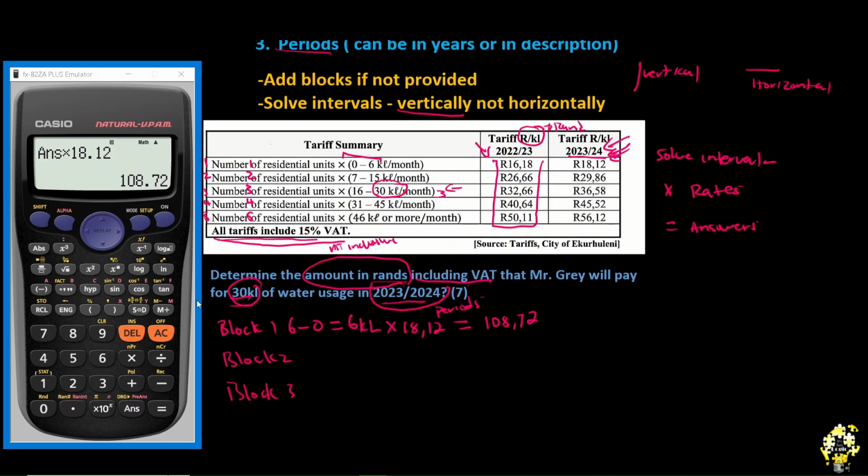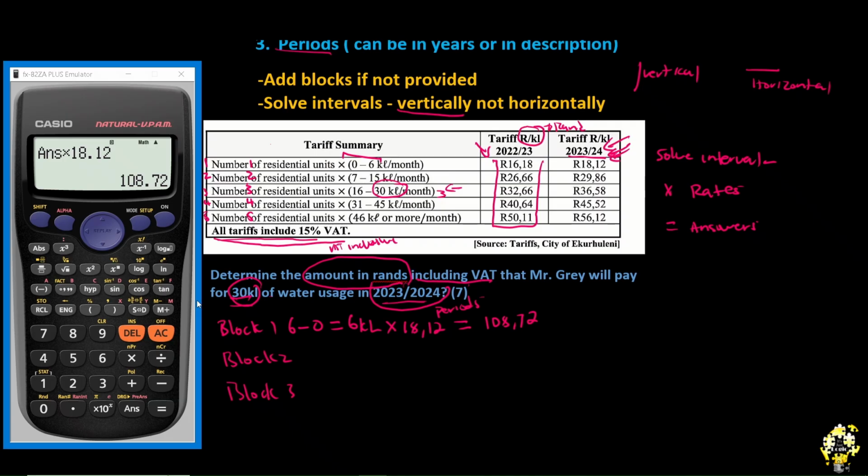Second block, this is where the vertical mode starts kicking in. This is where it's important. What do I mean when I say vertically? Now, pay attention. I'm not going to say 15 subtract 7 or 15 minus 7. If I say 15 minus 7, I mean a big problem because there will be one unit at the end that will not be accounted for. And I will show you what I'm saying. Instead of saying 15 minus 7, no, that is horizontally.